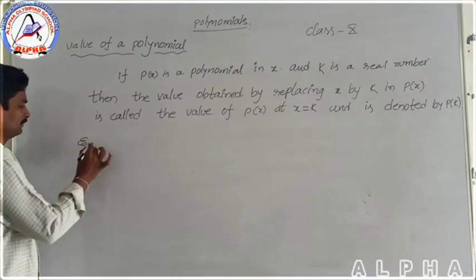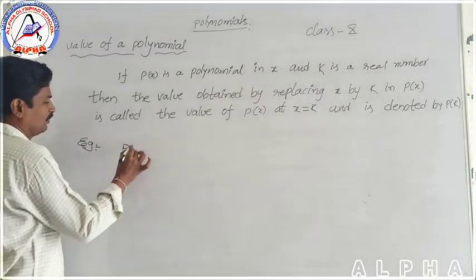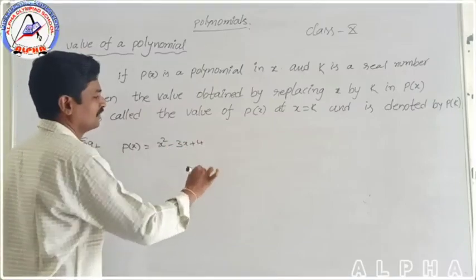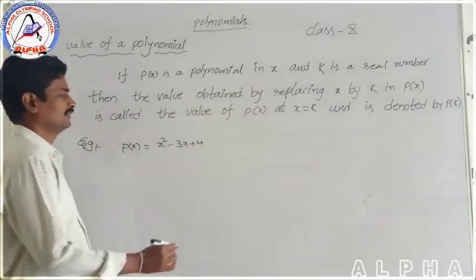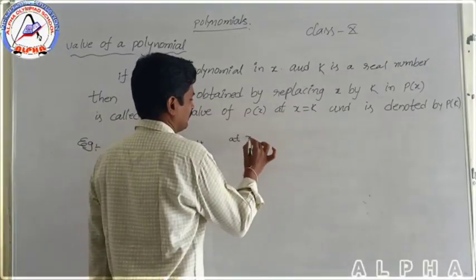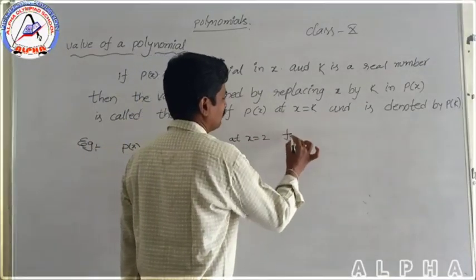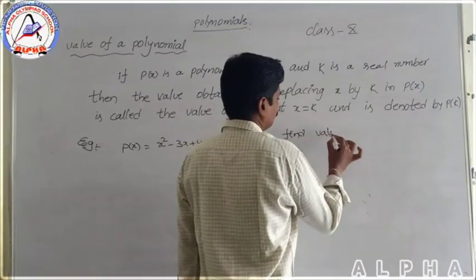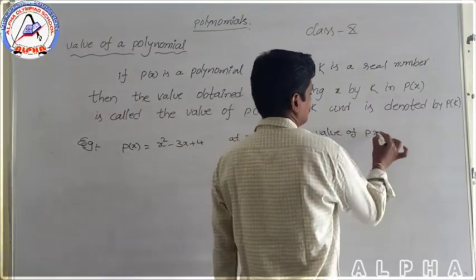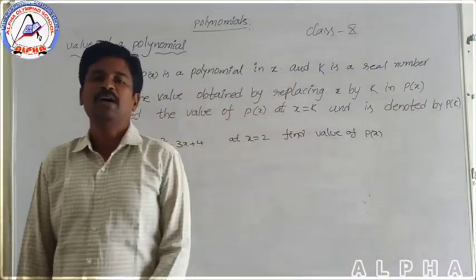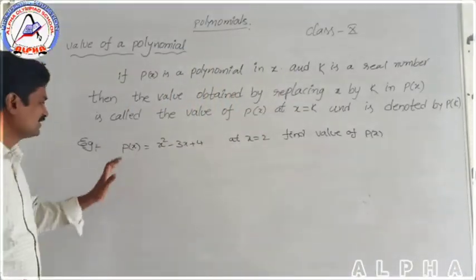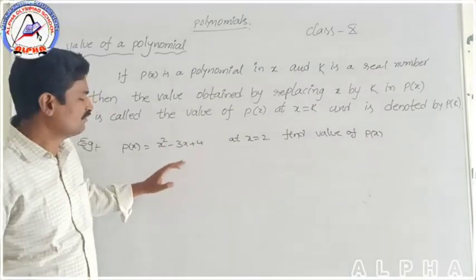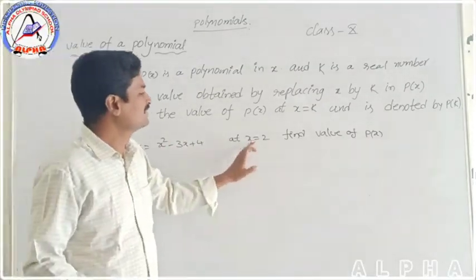Suppose, for example, we take the polynomial p of x is equal to x square minus 3x plus 4, and at x is equal to 2 find the value of p of x. The given polynomial is x square minus 3x plus 4, and we have to find its value where x is equal to 2.